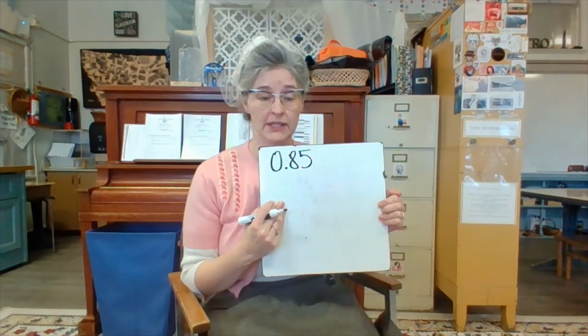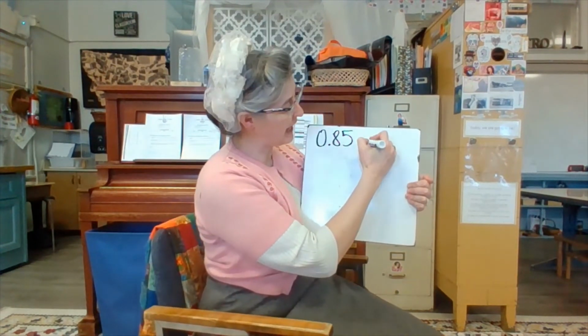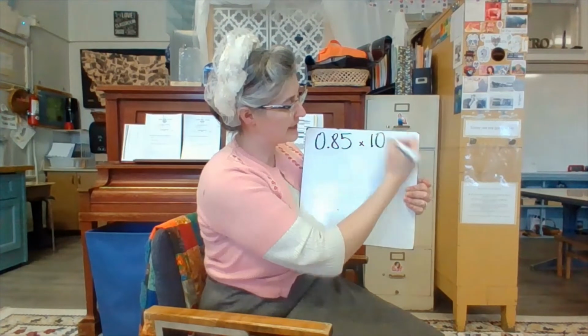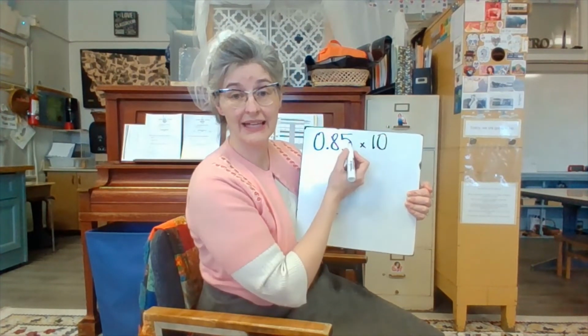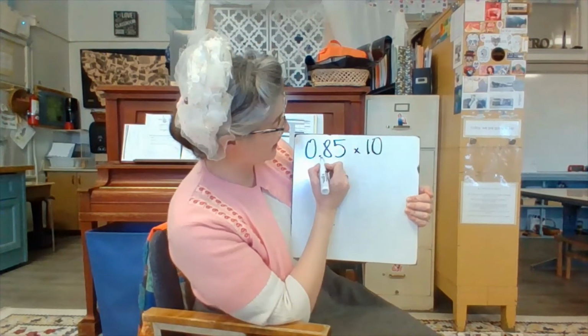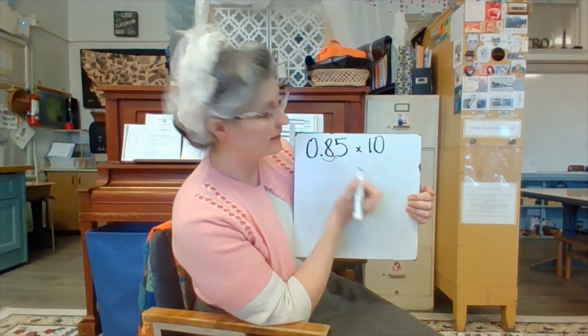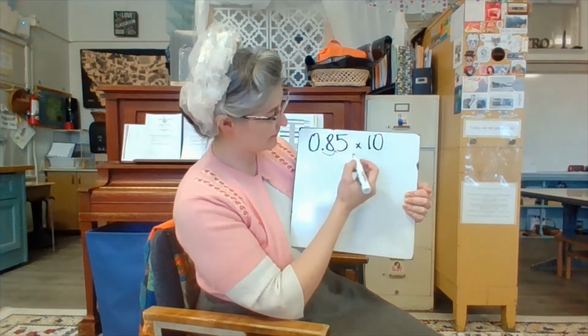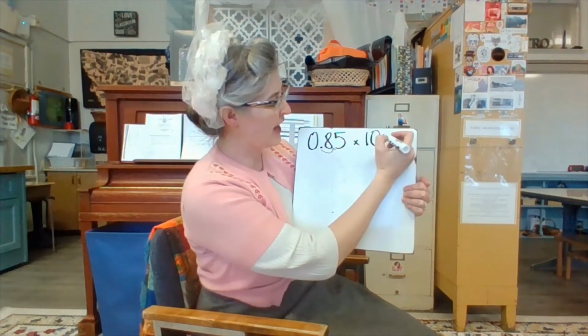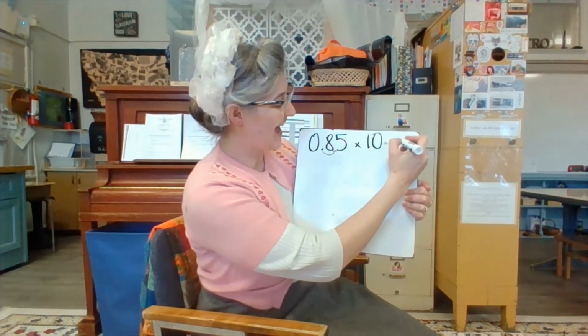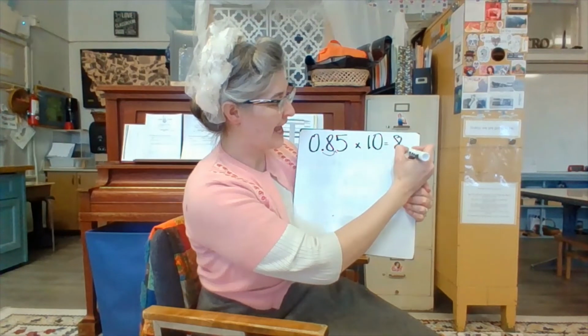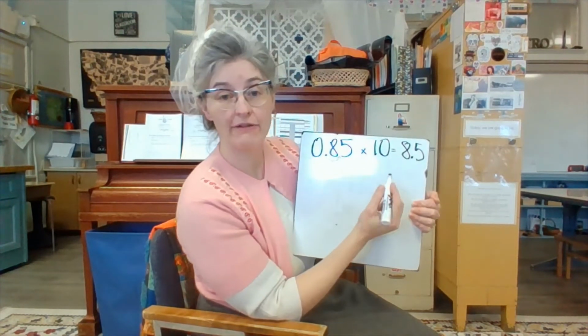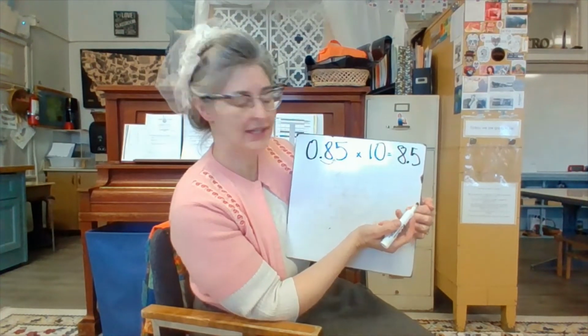So if I start with the number 85 hundredths and I multiply this times 10, it's going to get 10 times bigger. That means I'm moving my decimal point over 1 space. So 85 hundredths times 10, I now have 8.5 or 8 and 5 tenths.